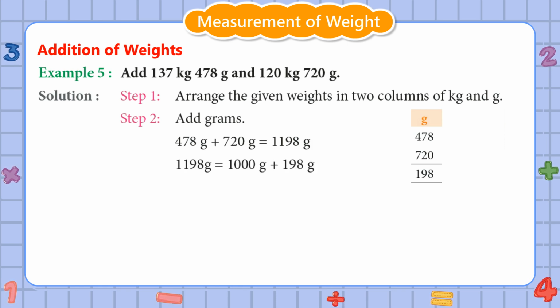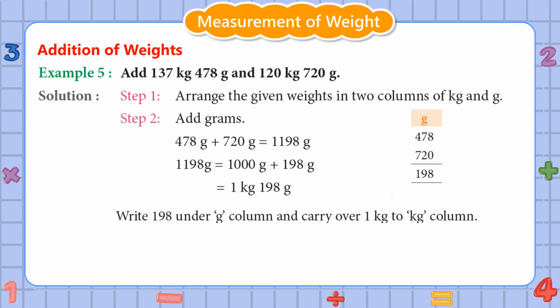1198 grams is equal to 1000 grams plus 198 grams. It is equal to 1 kilogram, 198 grams. Write 198 under gram column and carry over 1 kilogram to kilogram column. Step 3.